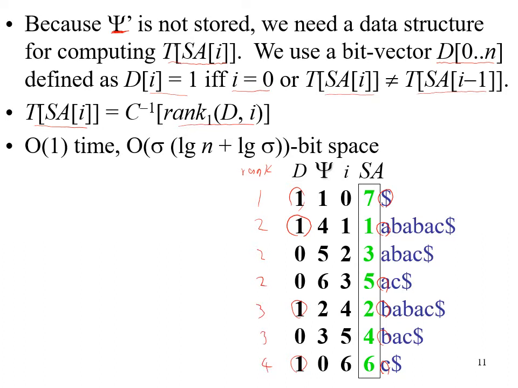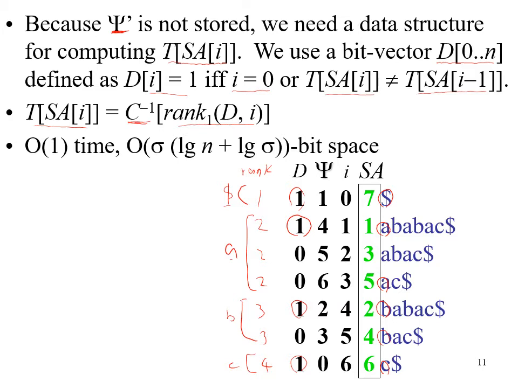Okay. So rank 2 corresponds to A, rank 1 corresponds to the dollar sign, rank 3 is B, and rank 4 is C. So then it's easy to convert these ranks to characters by just a simple table.